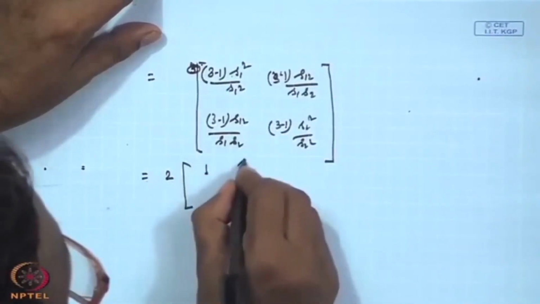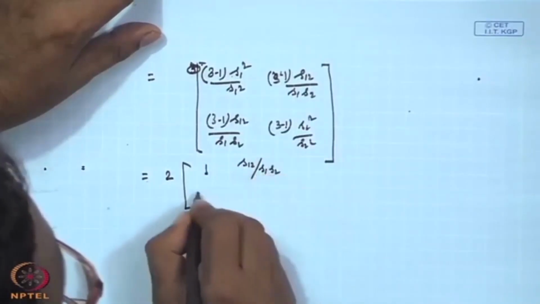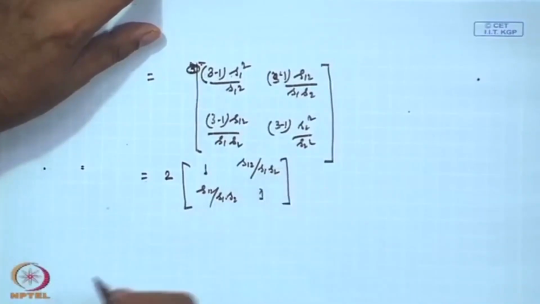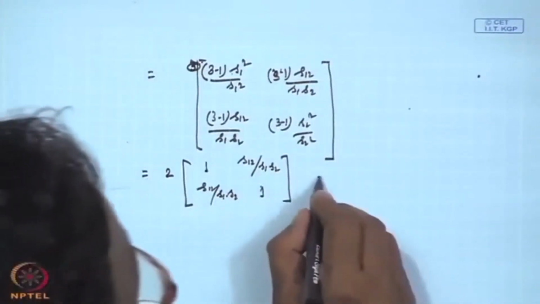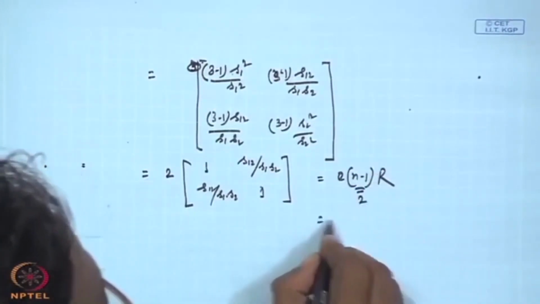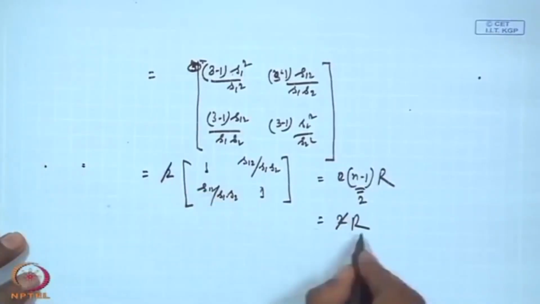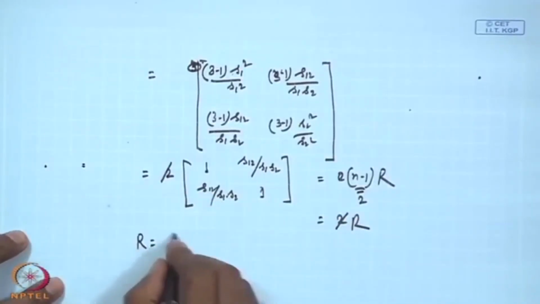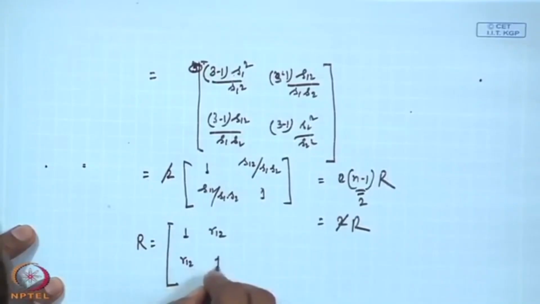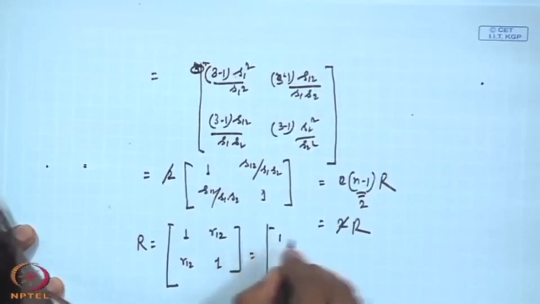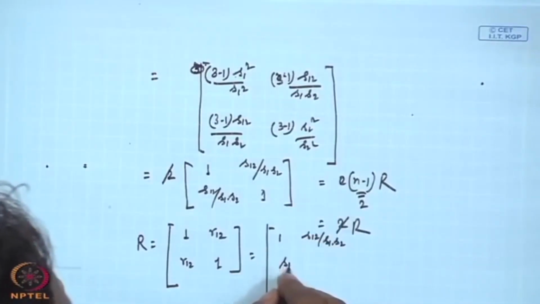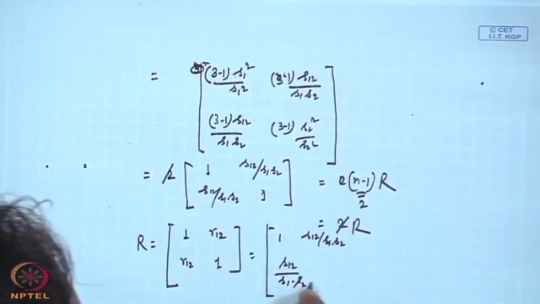I will get 1, s12 by s1 s2, s12 by s1 into s2, and 1. And as a result, what are we writing? This is n minus 1 times r, n minus 1 is 2, that means this is 2 r. Now, the 2 is cancelled out. So, r is now 1, r12, 1, which is 1, s12 by s1 into s2, then s12 by s1 into s2, and 1.